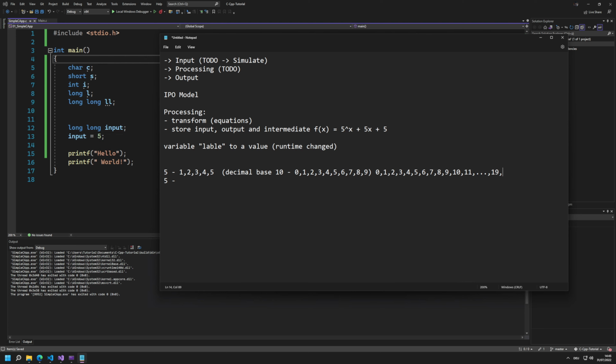So we need to go to the next digit and increment this as well. So we start at 20, 21, and the journey goes on until we are at 99 and the next thing would be 100. So as you can see, we go on until we reach the last char, in our case 9, and then we go to the next digit.